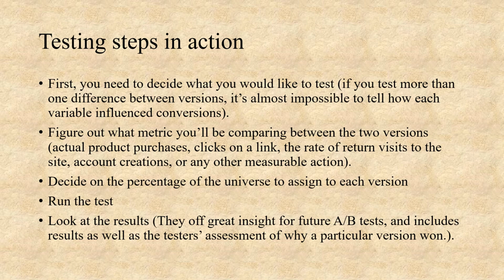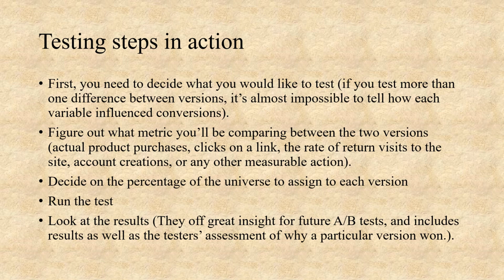If you test more than one difference between versions, it's almost impossible to tell which variable influenced conversion. So you have to be very careful that if you try to test 2 or 3 things at once, you use something called a block design so that you can actually tease out which variables impacted what. But for the most part, you're almost always better off to keep it simple.